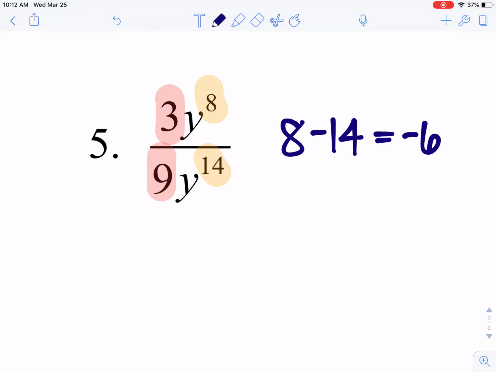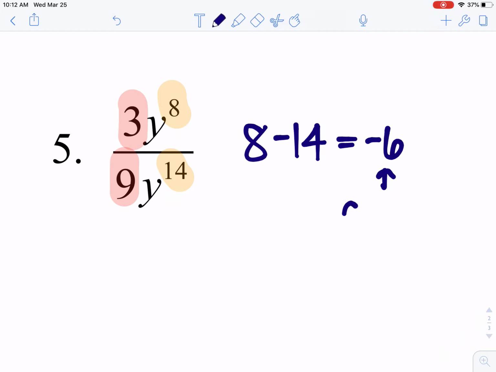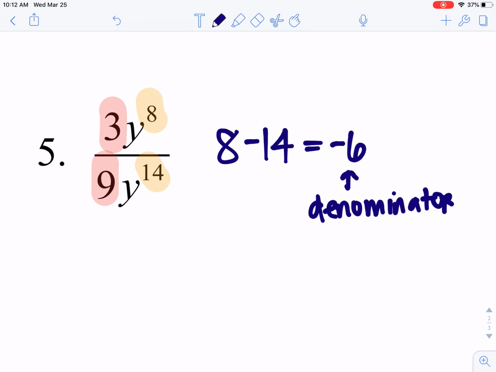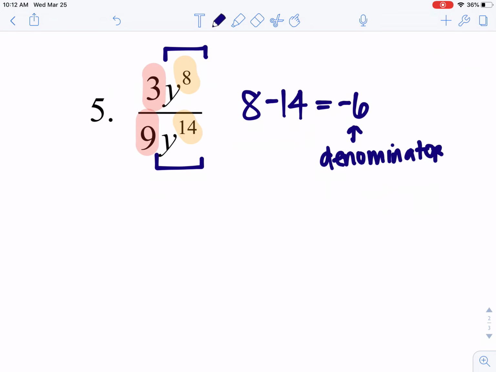Well, we want the negative value to be positive, so we're going to keep it in the denominator because there are more y's on the bottom than on the top, right? There's 14 y's on the bottom compared to 8 y's on the top, so we want to keep the y's on the bottom, and they're going to stay there to keep it positive. So we have 1 over 3 y to the 6th power.